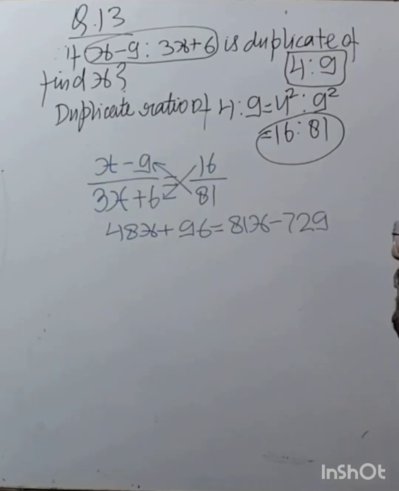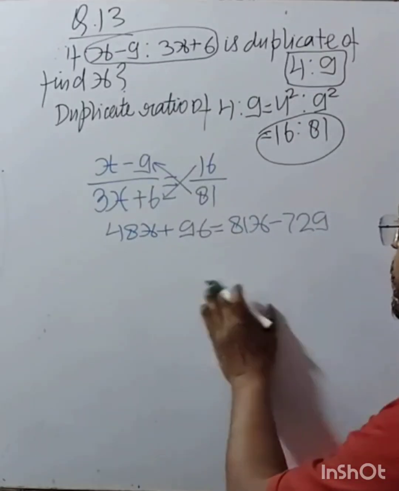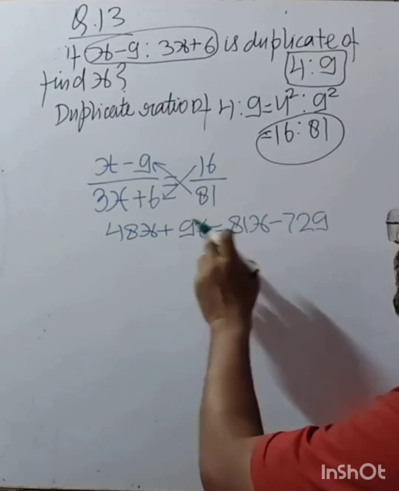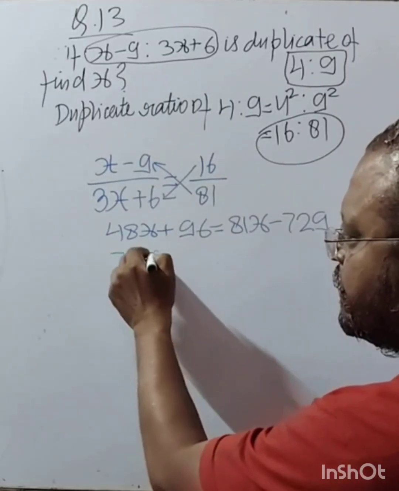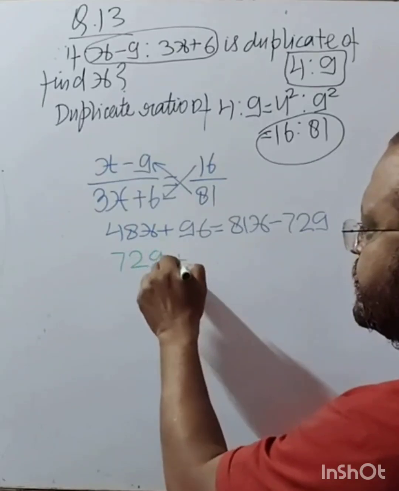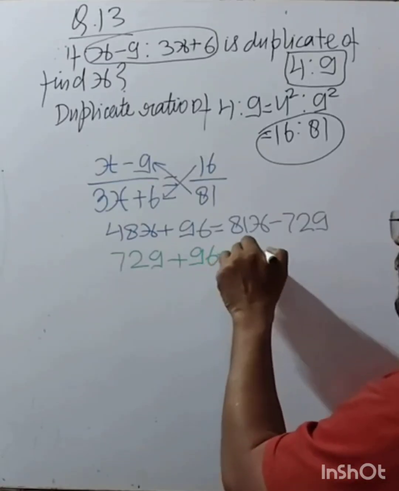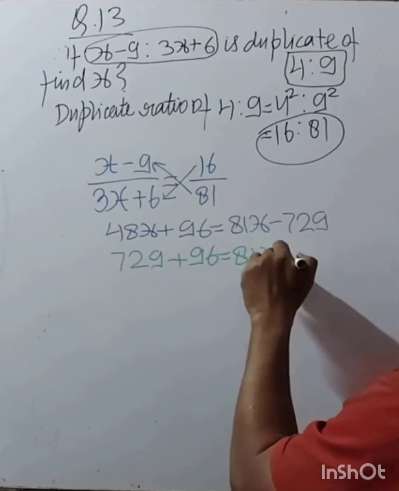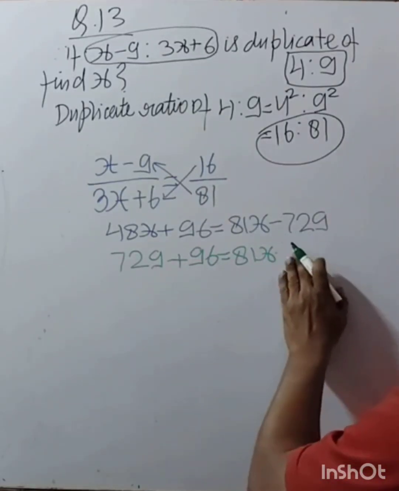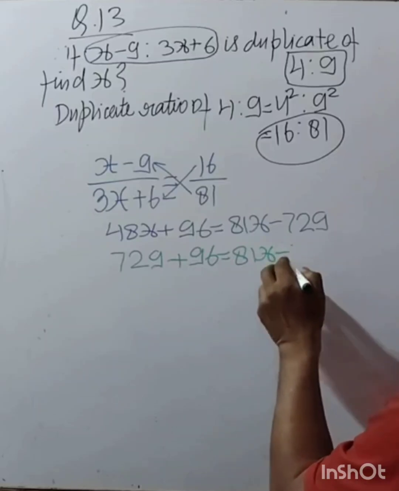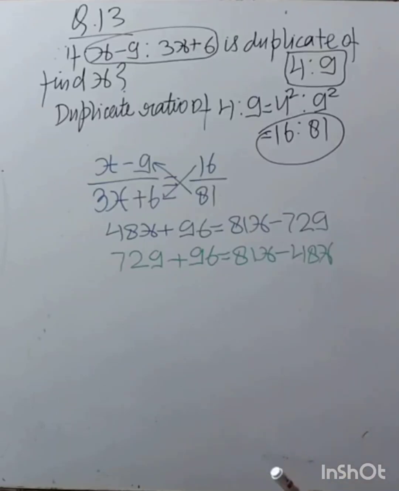So what will you do now? Now you bring this 729 here. So 729 plus 96 is equal to 81x minus 48x. You get this?